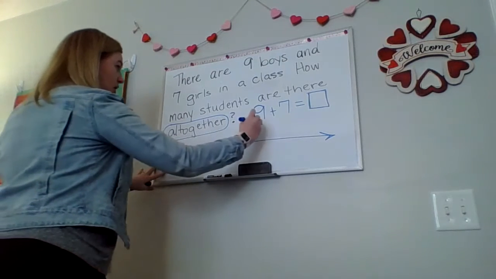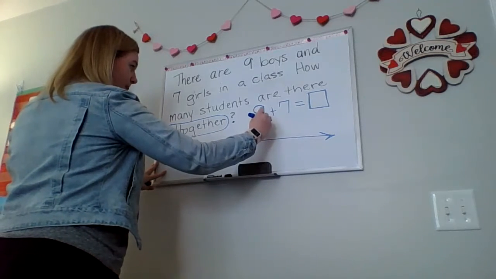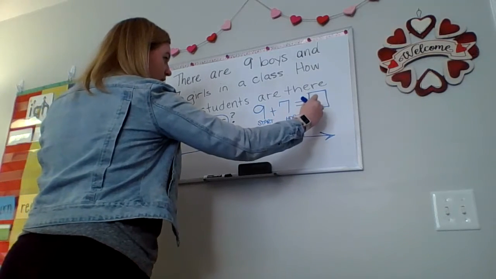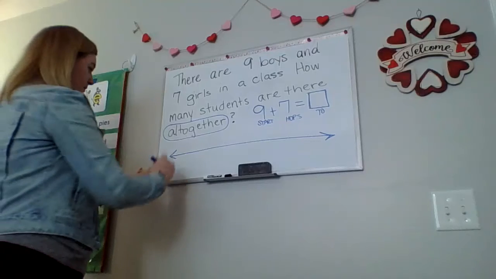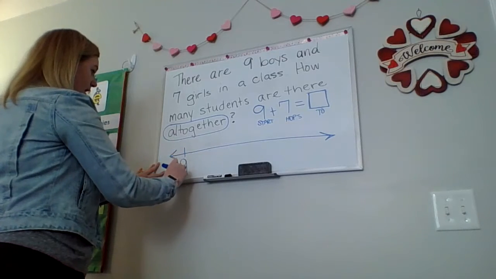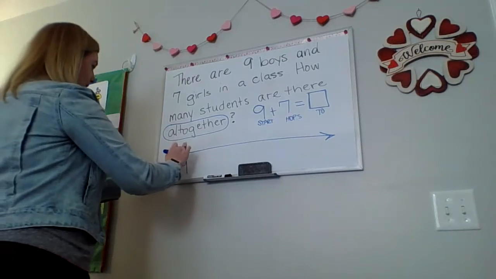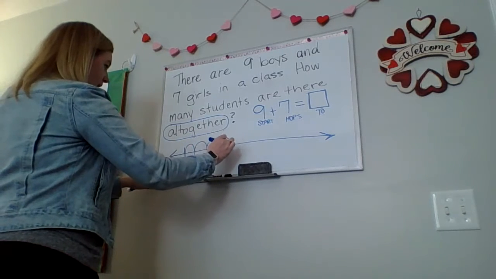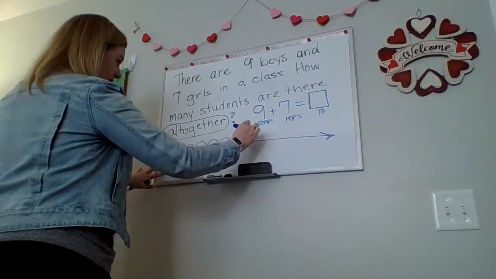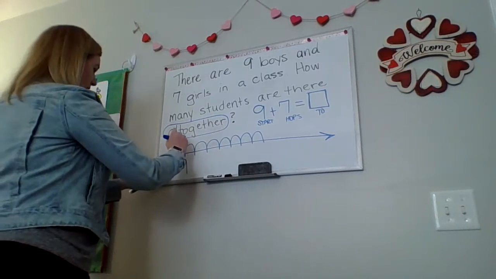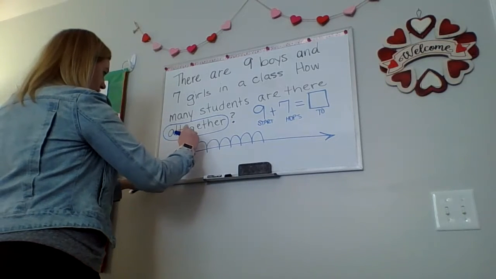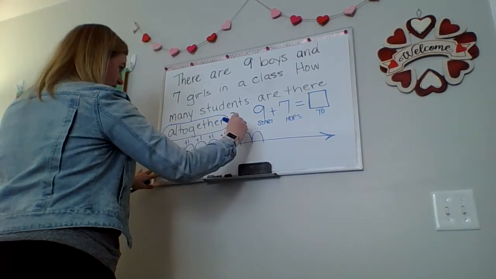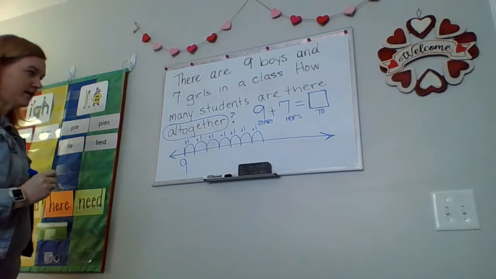I'm going to start at the number 9, and then I'm going to do 7 hops. 1, 2, 3, 4, 5, 6, 7. And I'm going to double check. 1, 2, 3, 4, 5, 6, 7.